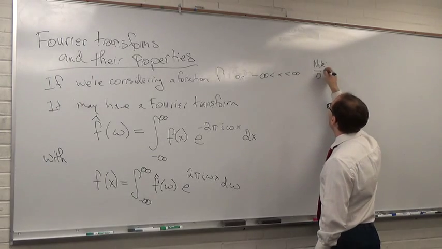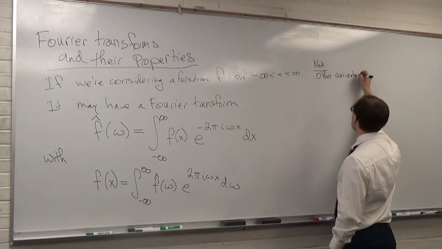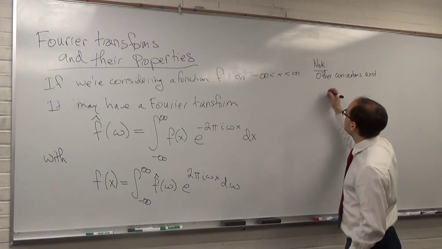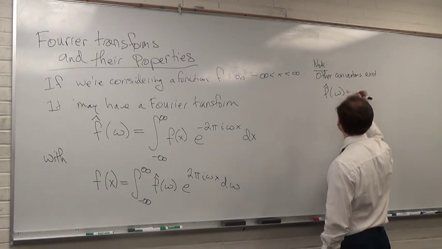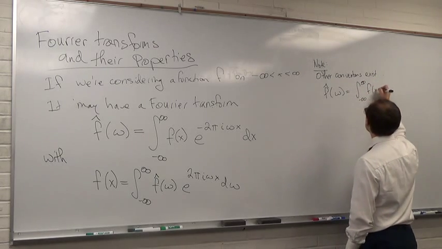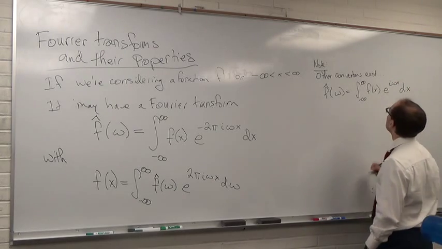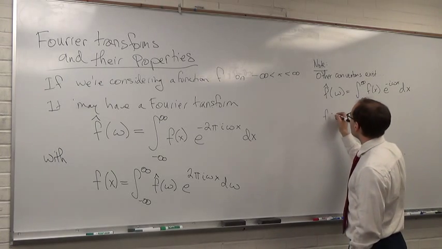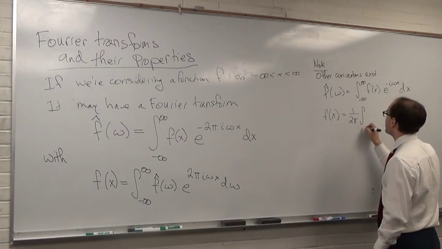So, note other conventions exist. In particular, you might have one that looks like this, in which case the inverse Fourier transform has a different form. It's got an extra 1 over 2 pi in there.